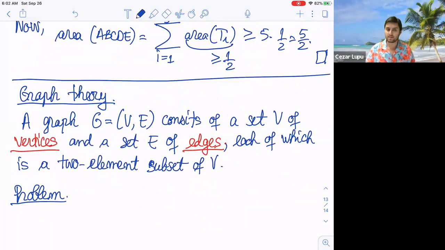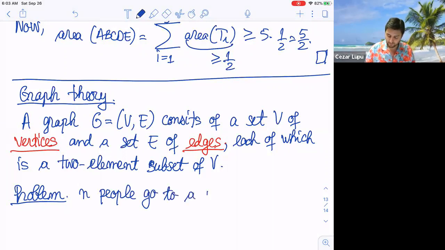But anyway, let's state it in a more combinatorial way. It says the following: N people go to a party. Well, it has many equivalent statements, but I'm just going to state it this way.